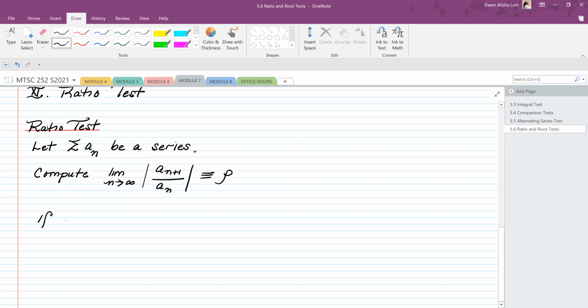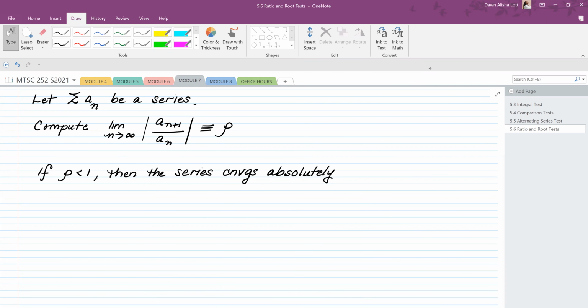If rho is less than 1, then the series converges absolutely. And you remember, a series that converges absolutely, we say that it converges.